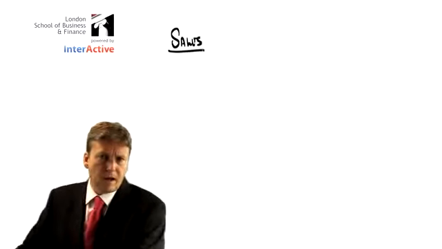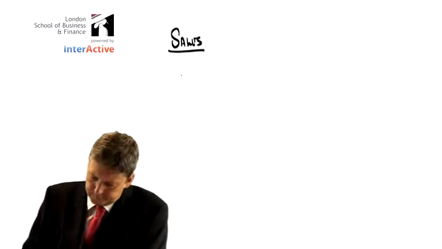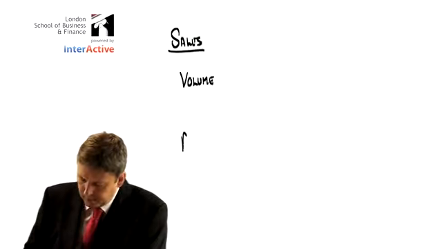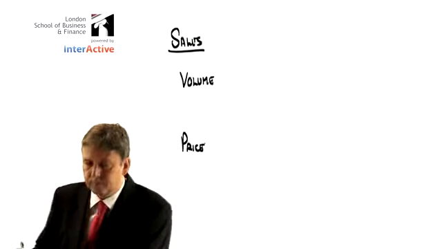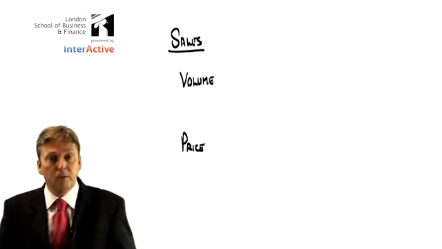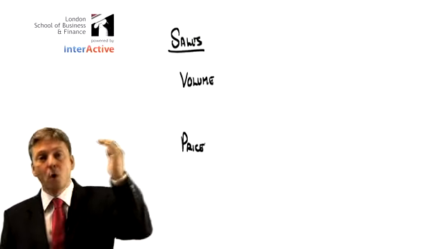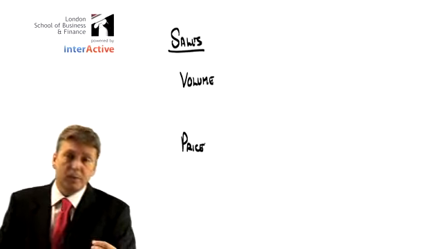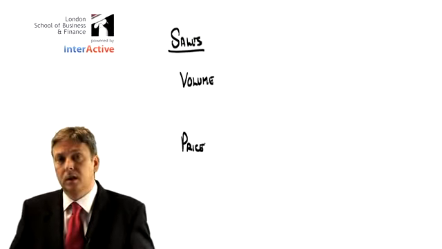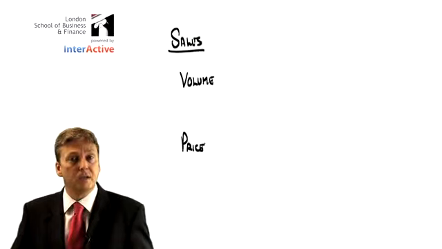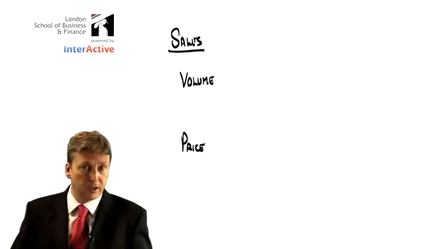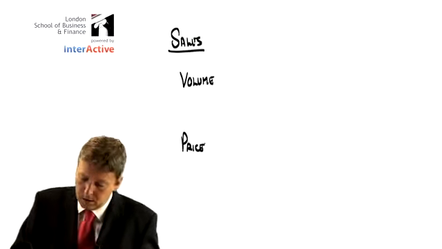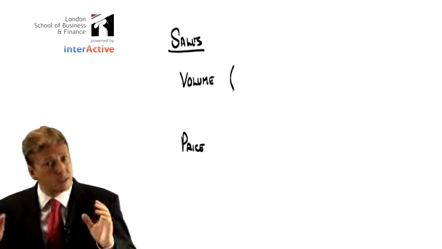Now, there are two sales variances that we need to know. We need to know a volume variance and a price variance. The volume variance is whether we sell more or less units than we budgeted to sell. The price variance is whether we set a price that is higher or lower than we originally established as our standard.